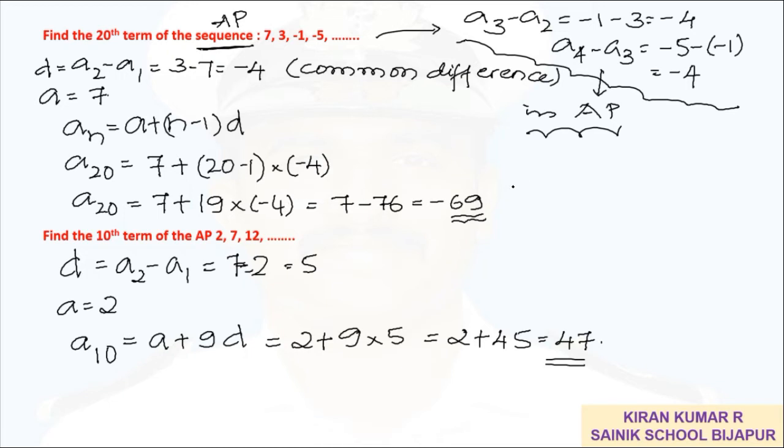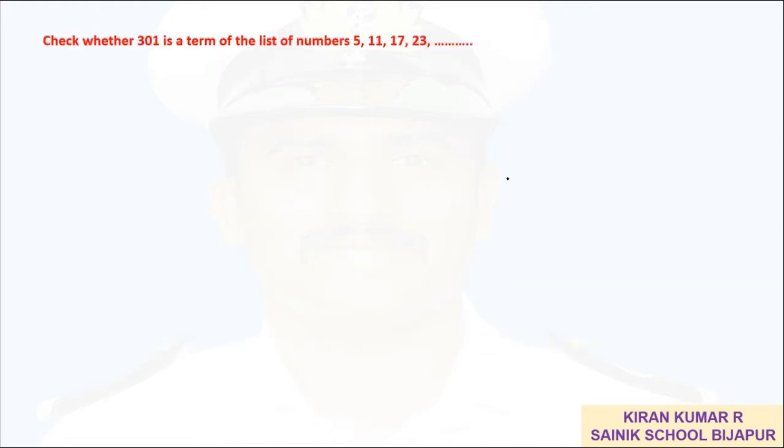Alright, let's look at the next question. Check whether 301 is a term of the list of numbers 5, 11, 17, 23 and so on. First let me check whether the given numbers form an AP or not.